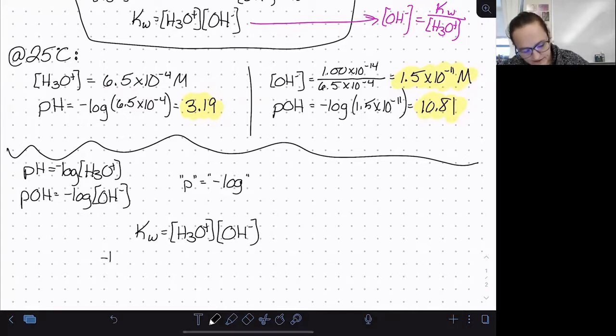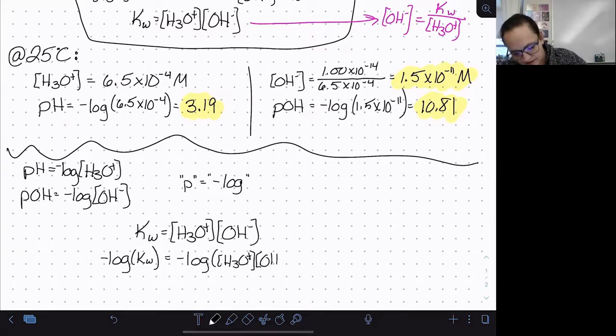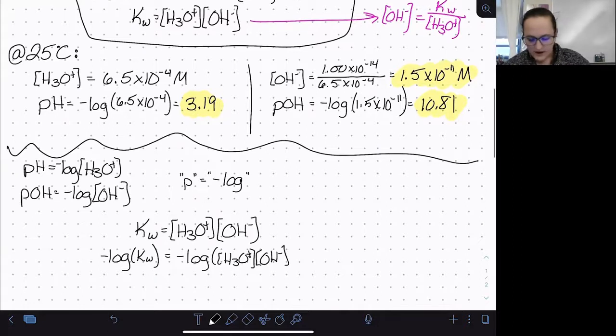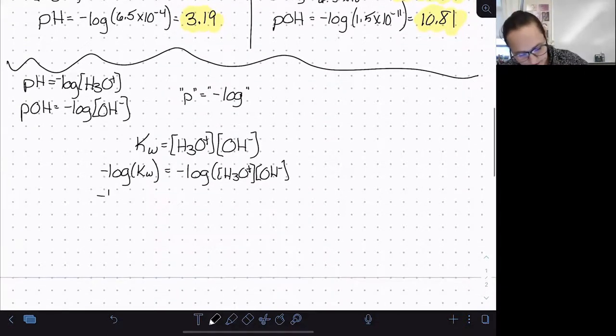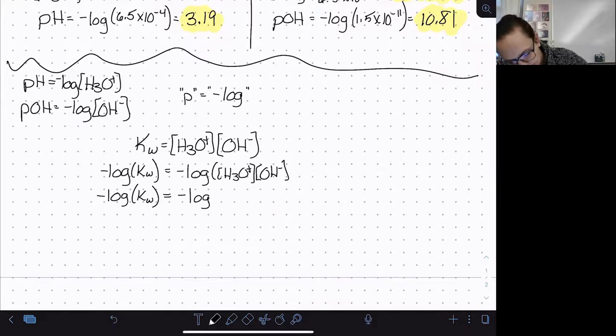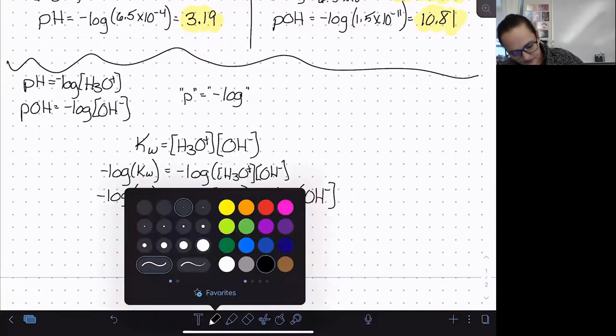If we have the negative log of Kw and we take the negative log of the hydronium concentration times the hydroxide concentration, by the laws of logarithms, this is the negative log of hydronium plus the negative log of hydroxide.